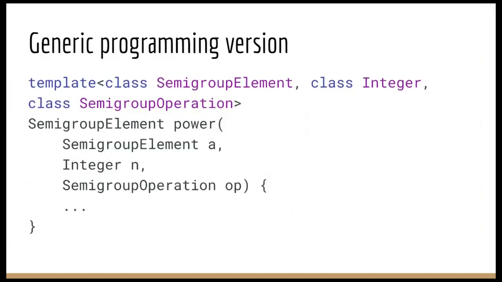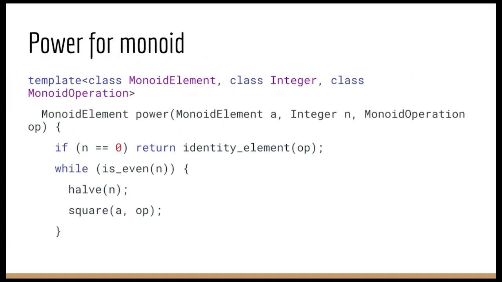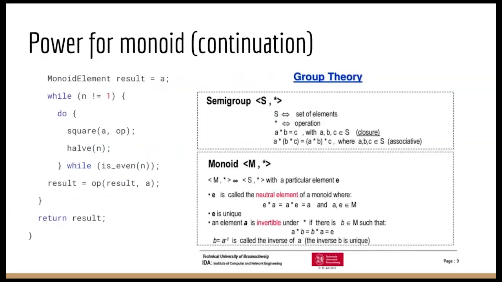And this is how power function looks like when used for semigroups. And this is how it looks for monoids. And you may wonder, why do we need a monoid, and what the hell is a monoid? A monoid is just a semigroup with a neutral element. And why do we need a neutral element?